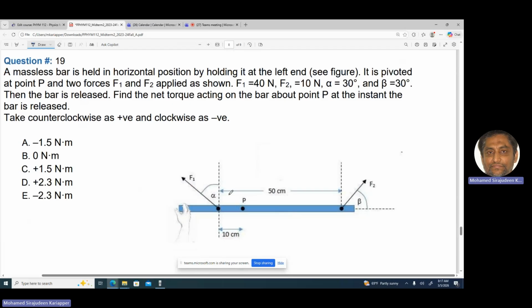The moment I release it, the only forces will be F1 and F2. So he is asking us to find the net torque from F1 and F2. Just do it: the torque from force 1 plus the torque from force 2. So this is the net torque.